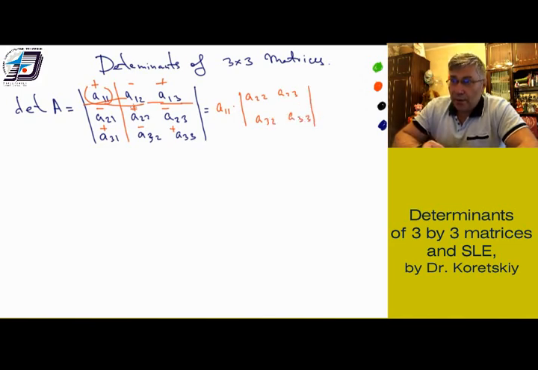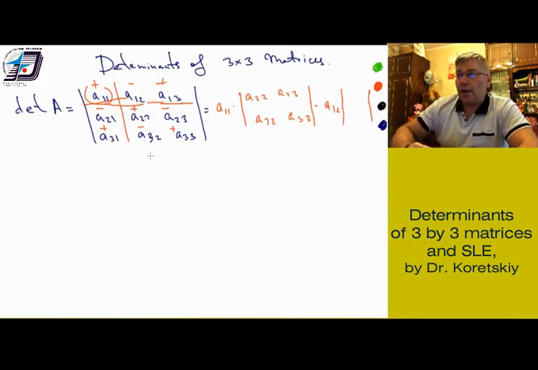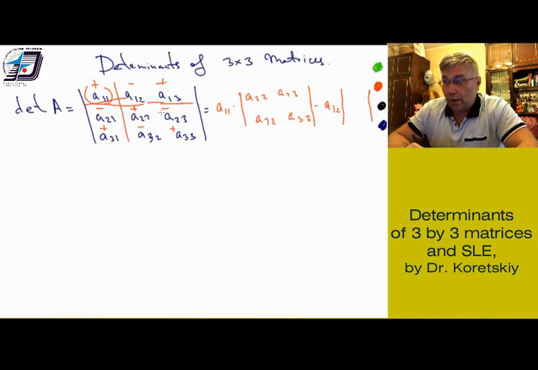Now, if I take this A11, I have to exclude the first row and the first column, and the rest of the matrix I take as a 2 by 2 matrix: A22, A23, A32, A33.